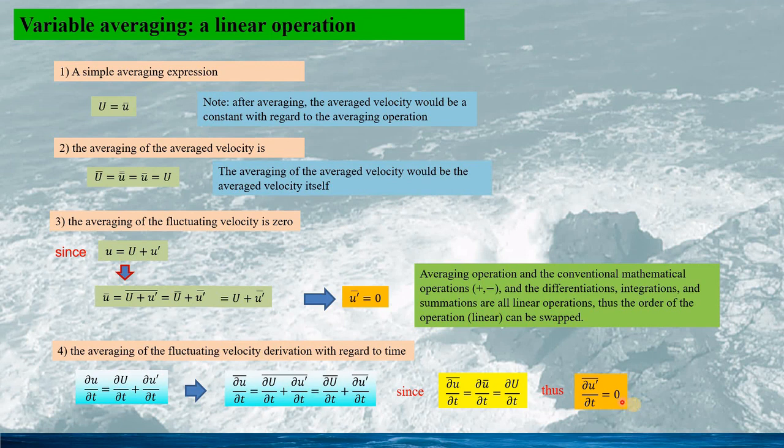Therefore, we have this expression. That means the average of the derivative of the fluctuating velocity with regard to time is 0. And this can be easily obtained because we can change the order of the averaging with the derivative.